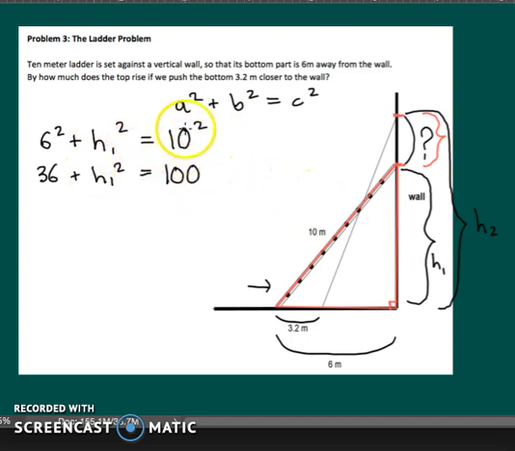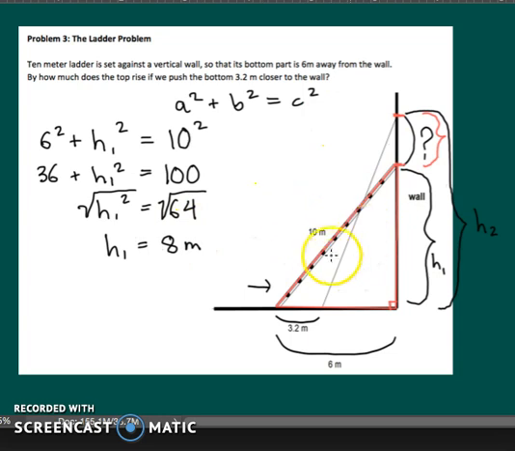Okay, so I need to find height 1. I'm going to subtract 36 from both sides, and I will get height 1 squared is equal to 64, and I will take the square root of both sides, and I find that height 1 is equal to 8 meters.